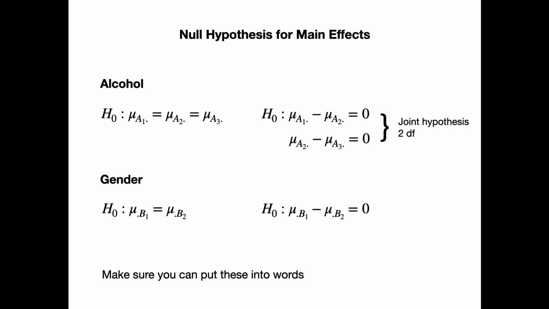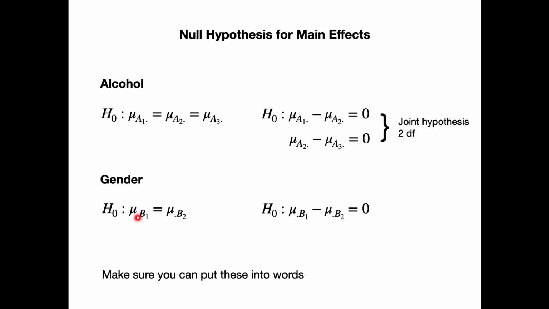Now that we've got the marginal means established, we can talk about the null hypotheses for the main effects. What I want you to make sure you can do after you watch this video is put these null hypotheses into words. So we have a 3-level factor of alcohol with 3 marginal means and a 2-level factor with gender. Let's start with gender because that's the easiest one to understand. The null hypothesis is that the marginal means for gender are equal.